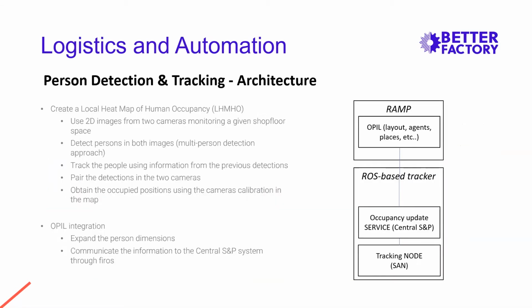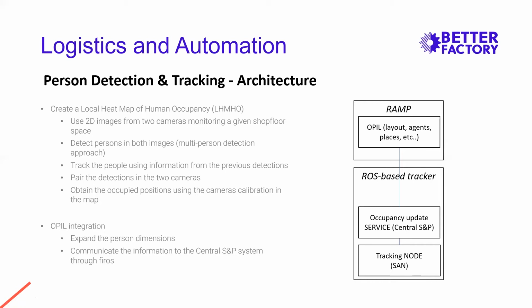Regarding the architecture, we have a tracking node that is a sensor node for the OPIL library. We detect people using 2D images, in both images, but we don't perform any kind of personal identification. We don't use personal data here.